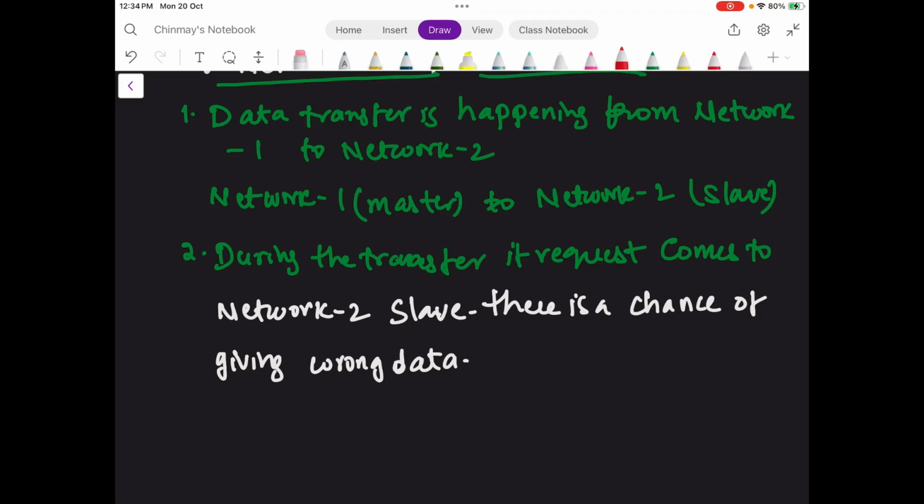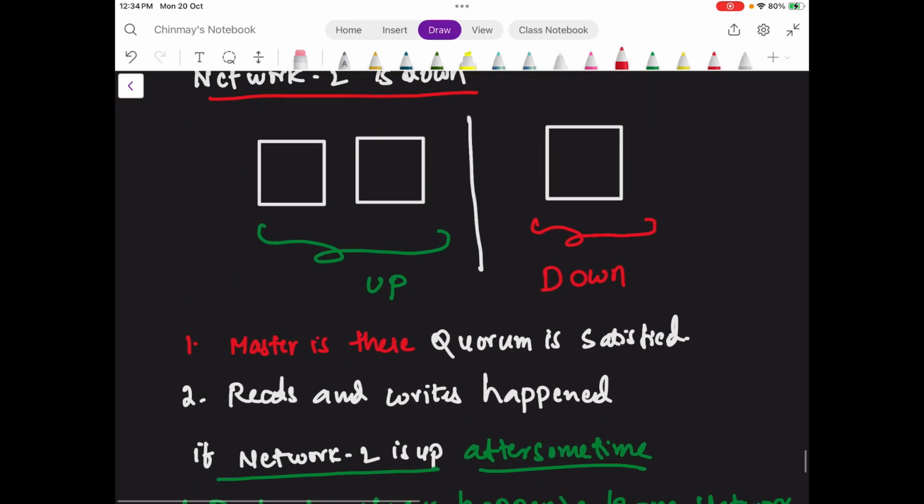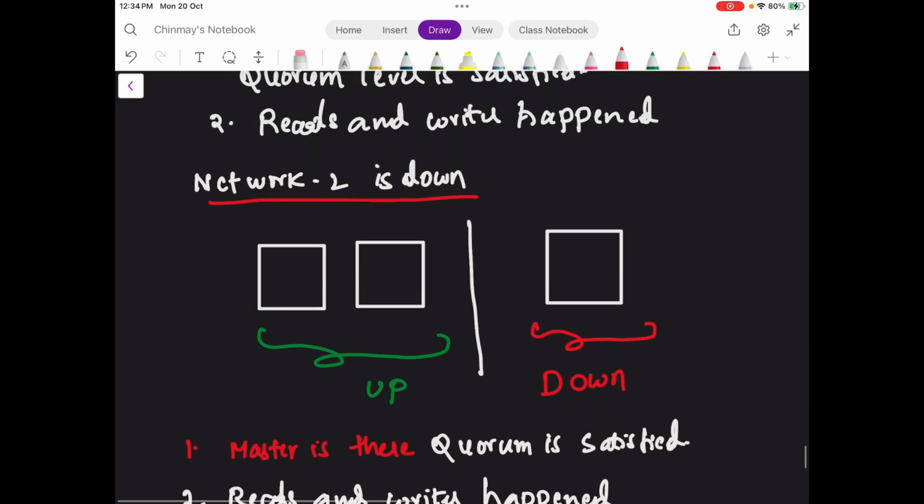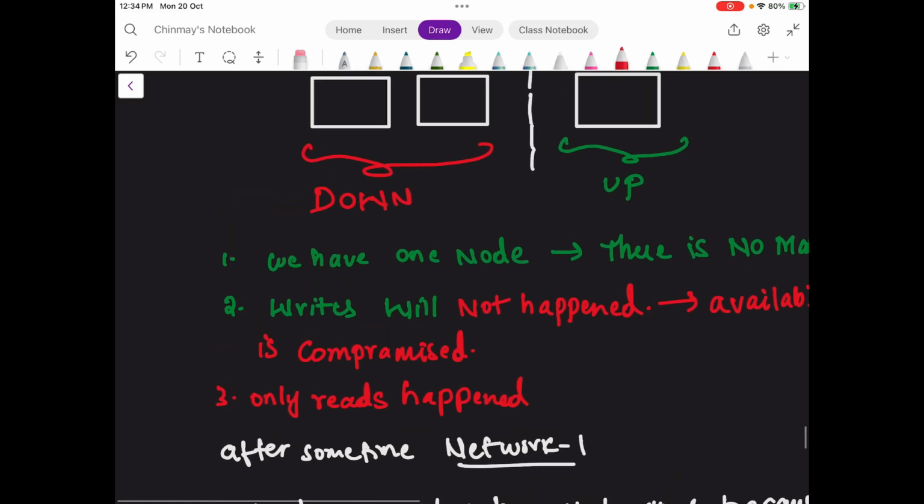What is compromised here? Consistency is compromised. Consistency is compromised during the data transfer. This is how Elasticsearch will work.